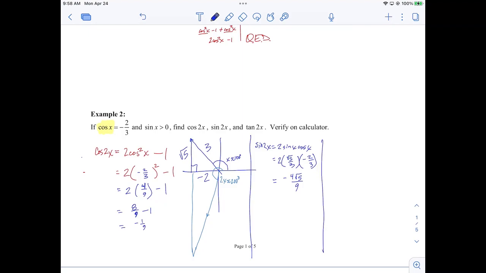And then the tangent, the last one. What should the sign of the tangent be, positive or negative, of the double angle if we're in quadrant 3? Well, it's negative x and negative y, so it should be positive, right? Let's see if it is.